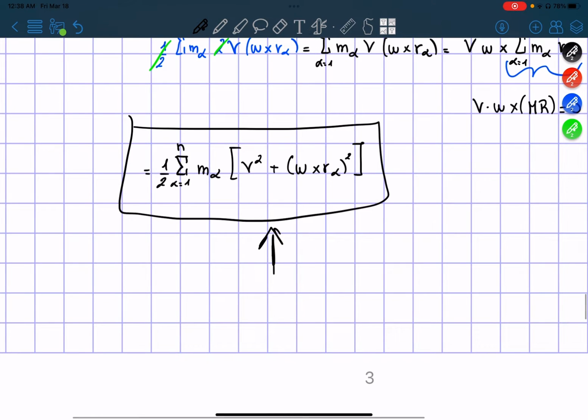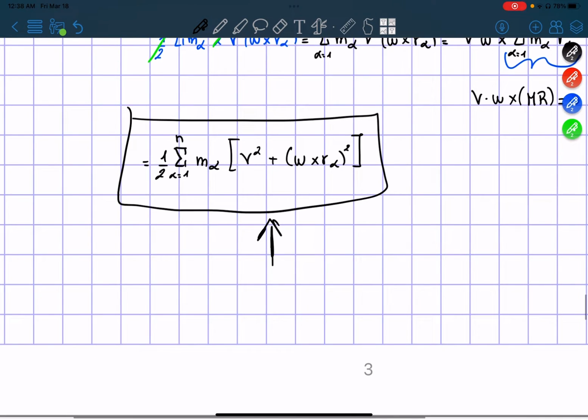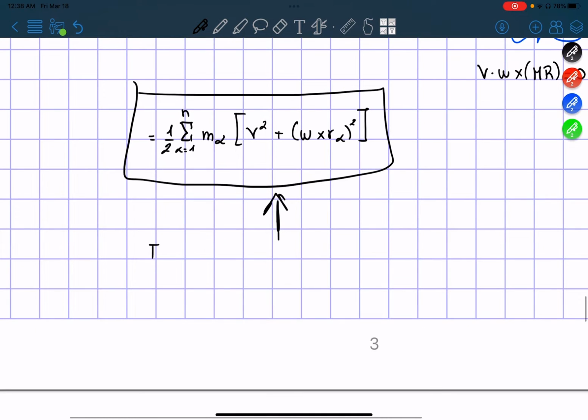Okay, so in fact the book then adds that the translational kinetic energy, the one that moves in a straight line, is equal to 1/2 the sum of m alpha v squared.